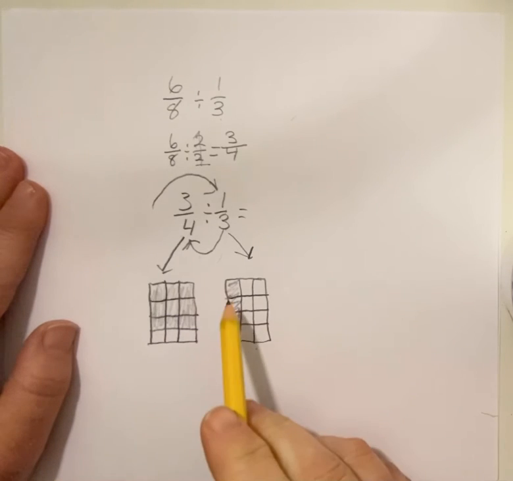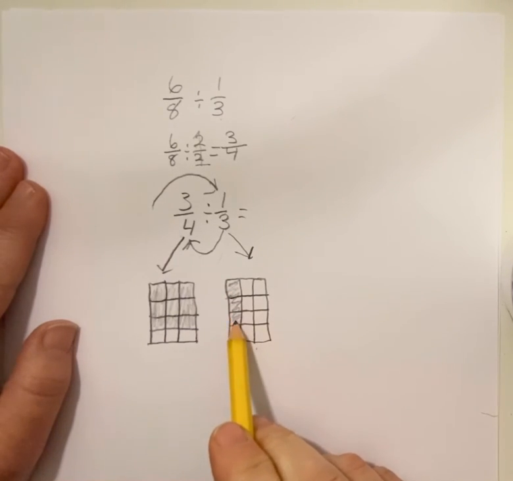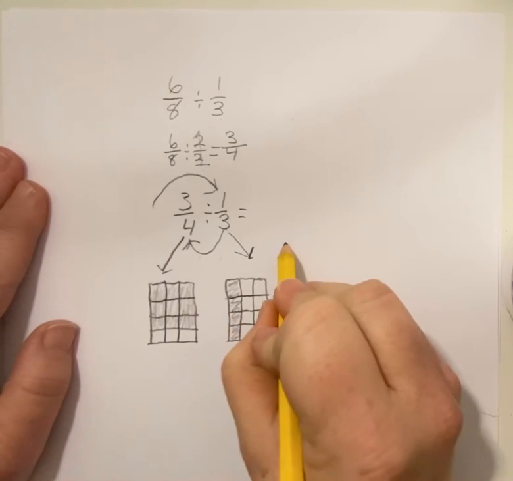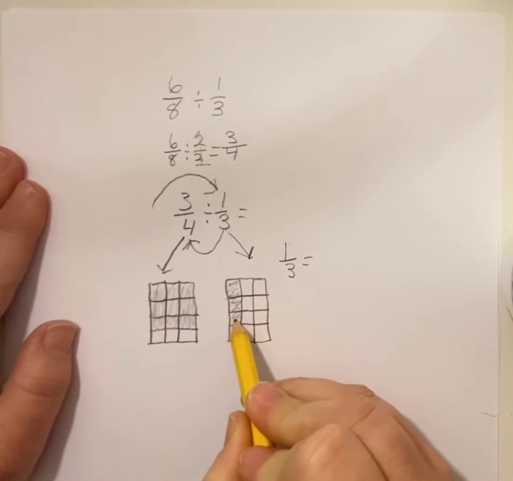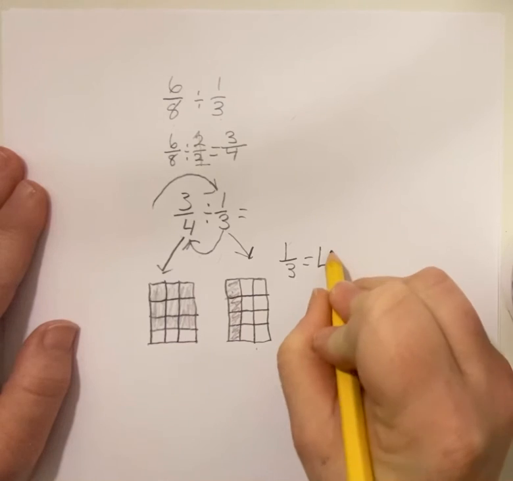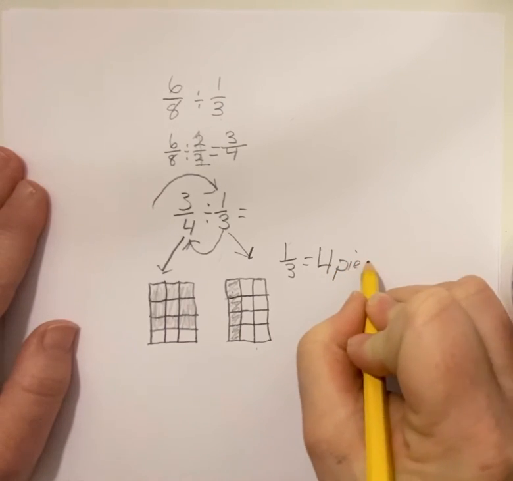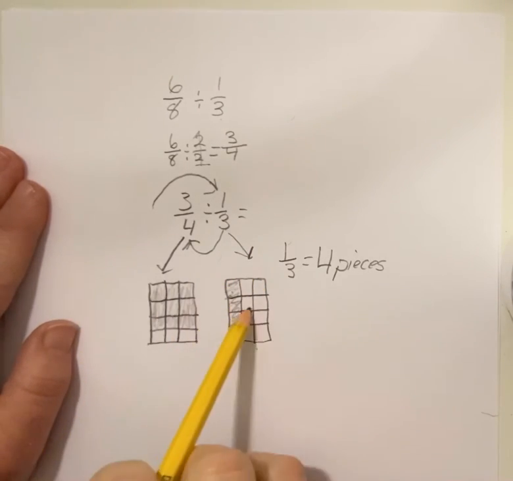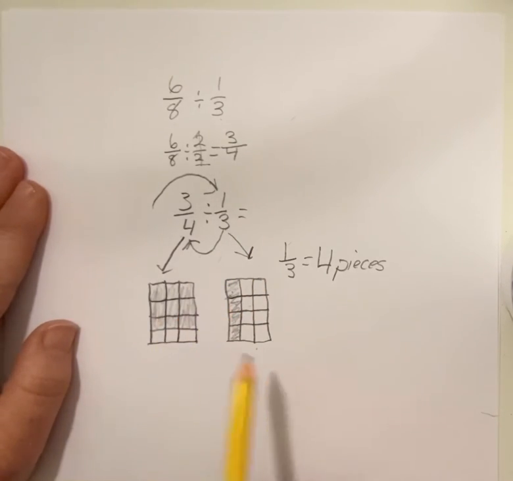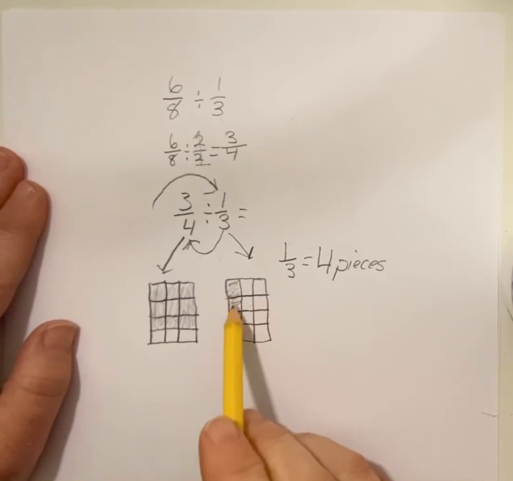Now I know exactly how many pieces 1/3 equals. So I know that 1/3 equals 1, 2, 3, 4 pieces. And it's 4 pieces of 12ths, but it's not extremely important to understand that it's 12ths, just that you have the same size pieces in each of your models. So I know I'm looking for 4 pieces.